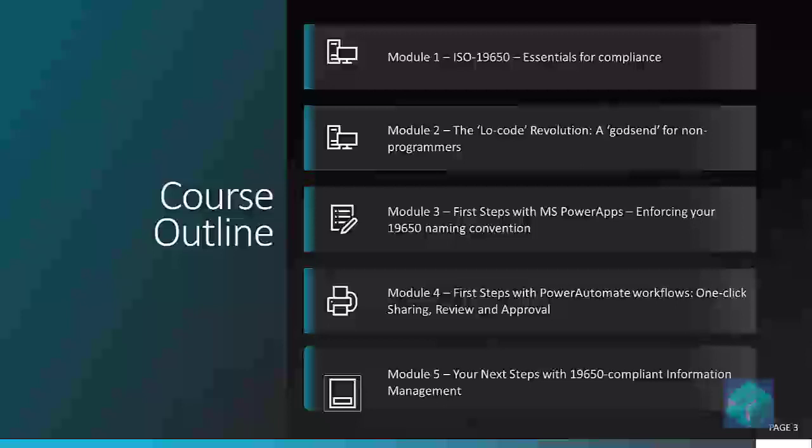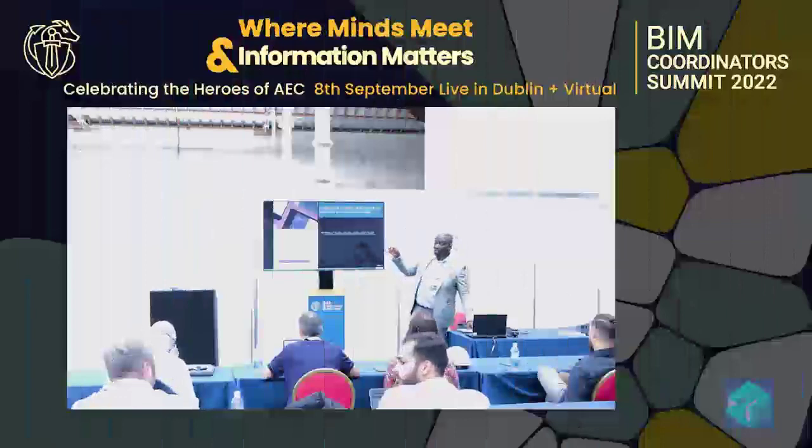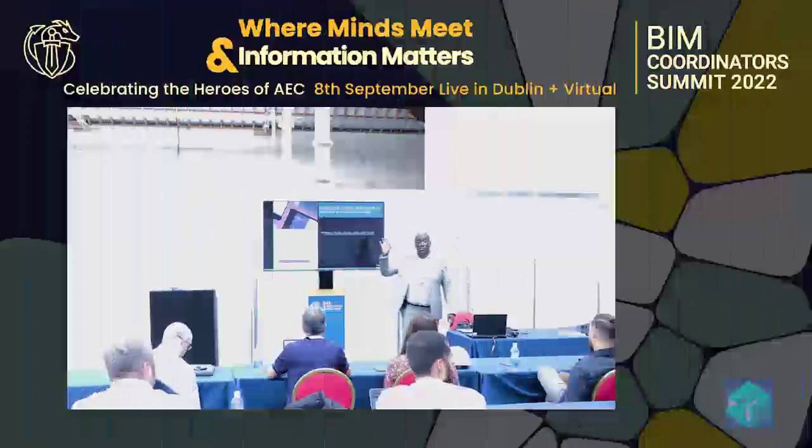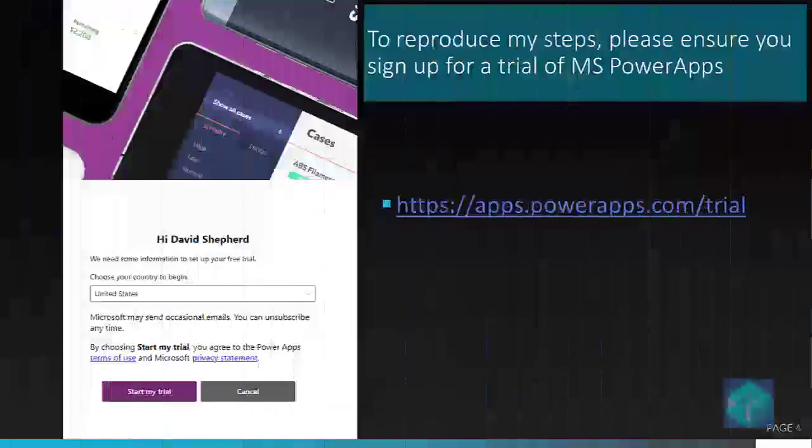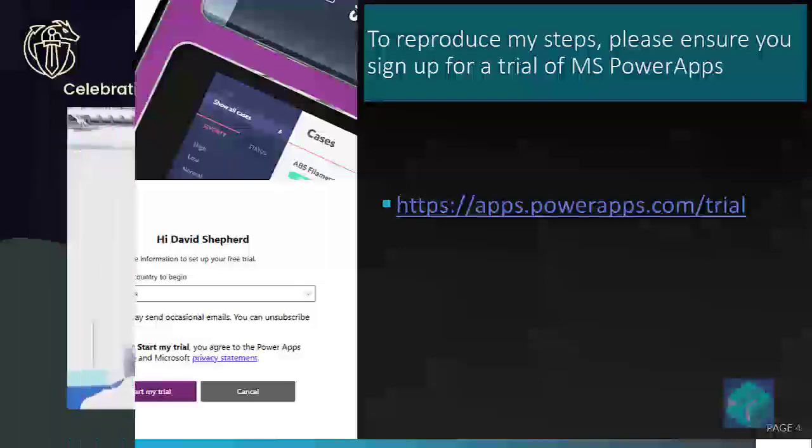Okay? Great stuff. So again, just to remind you, maybe when you've got the videos and you download them, all you'll need to do is to go to powerapps.com/trial. Essentially, you log in, and you'll have access to the same environment that I've been using to develop these apps.